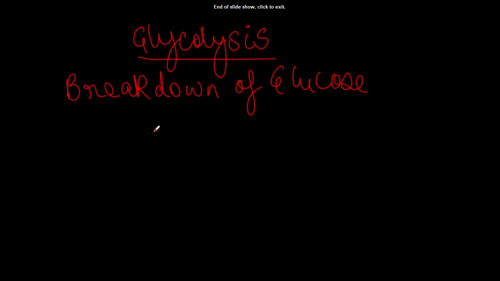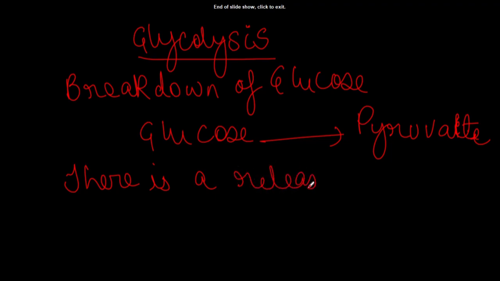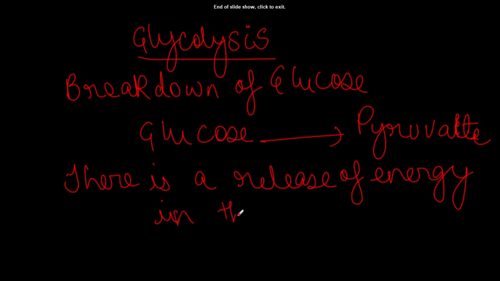Okay, so in this what happens? Glucose is broken down into pyruvate by a number of steps, and there is a release of energy in the form of ATP.